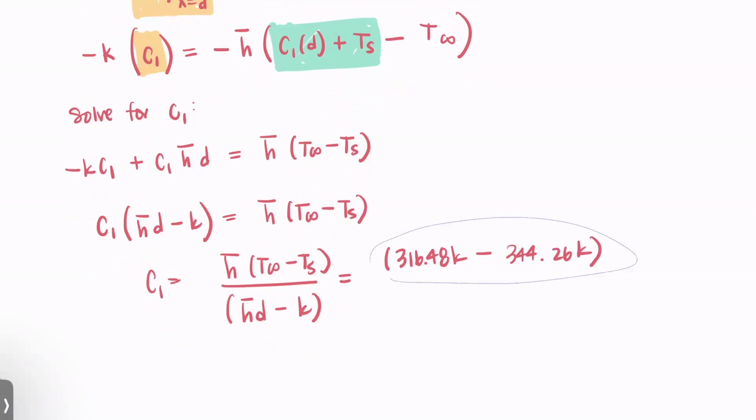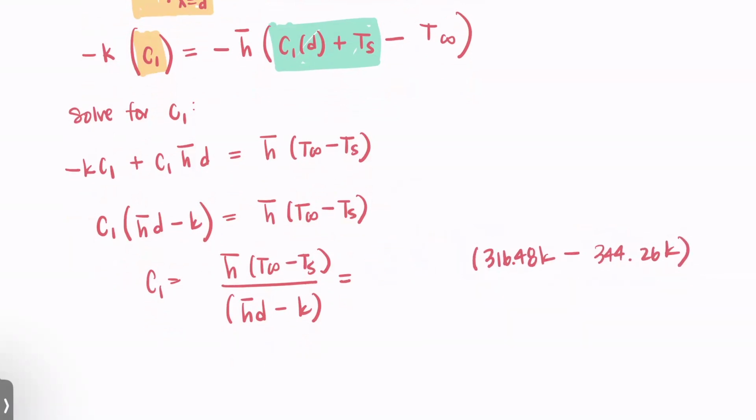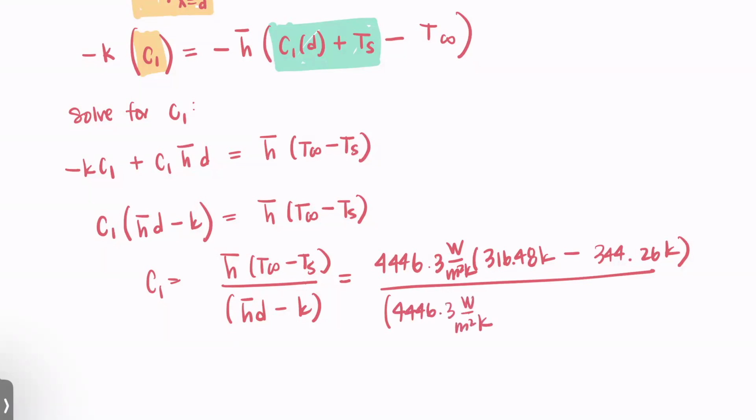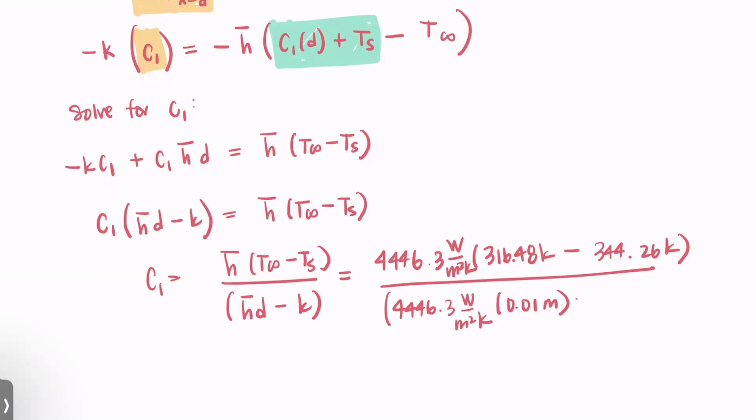Oops, I forgot h bar was first. h bar is 4446.3 watts per meter squared Kelvin, divided by h bar, which is 4446.3 watts per meter squared Kelvin, times 0.01. That's our meters, our thickness d, minus 0.59 watts per meter degree C.